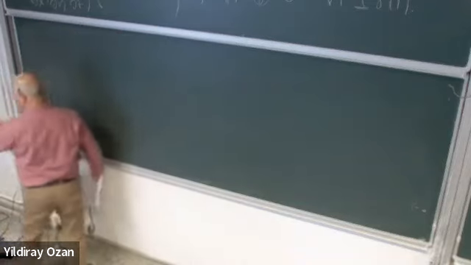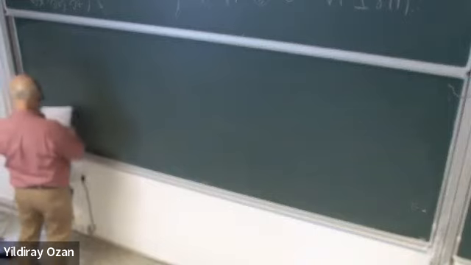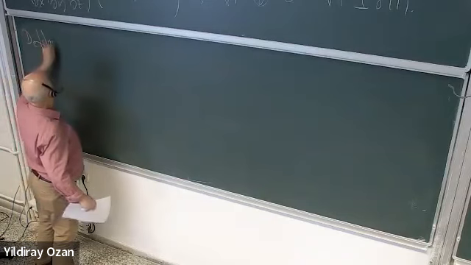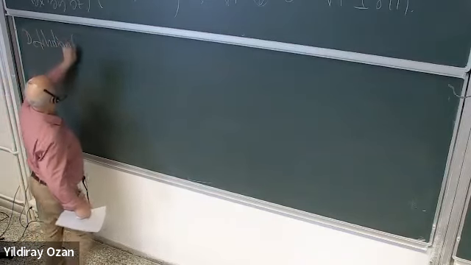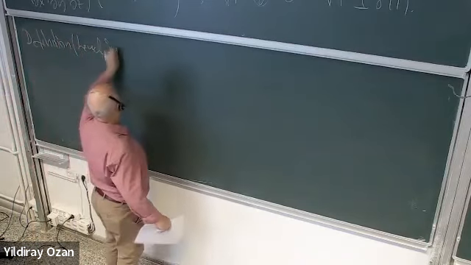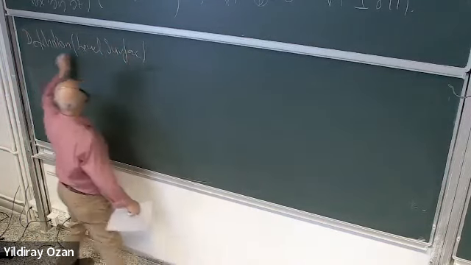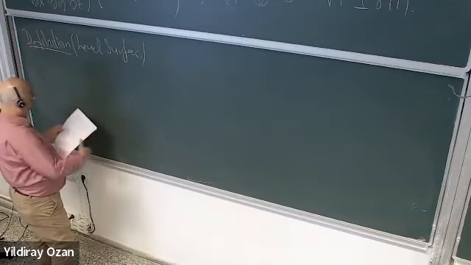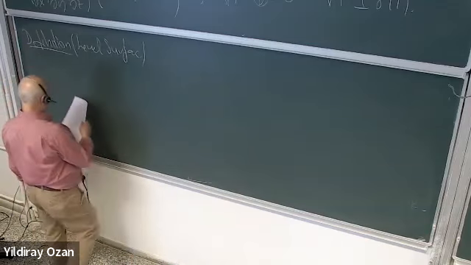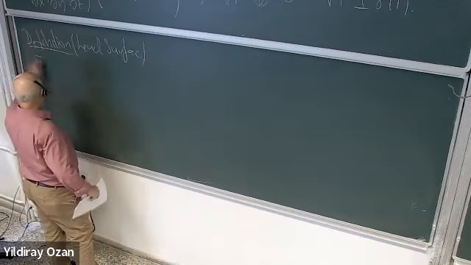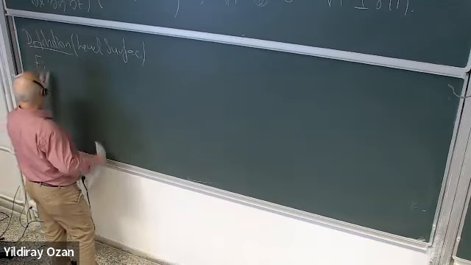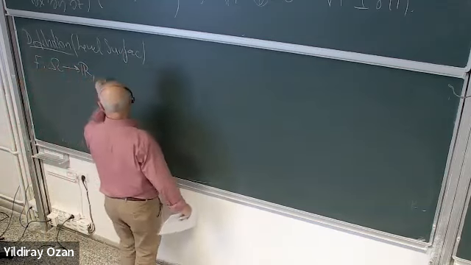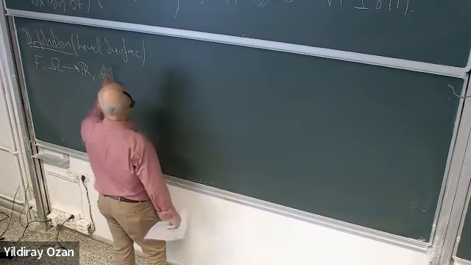Now there is a bit of terminology. Let's learn it. Definition. Level surface. So if we have a function, so f is the function, let's say, from some domain into R, a differentiable function.